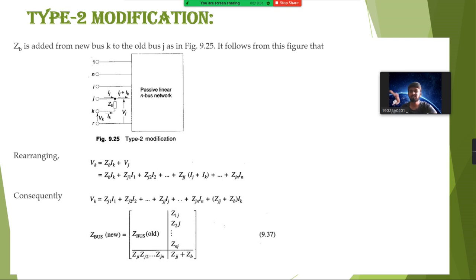We will get this one, and consequently we will get another addition of the new bus to the Z bus, with the extra Zij, Znj, and Zjj plus Zb added to the matrix of the new Z bus.